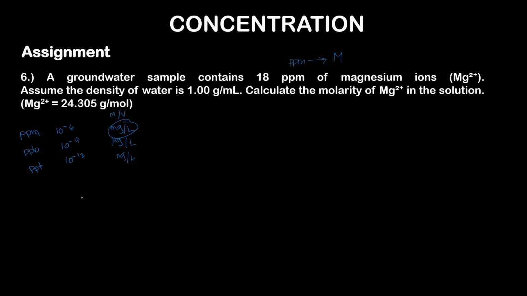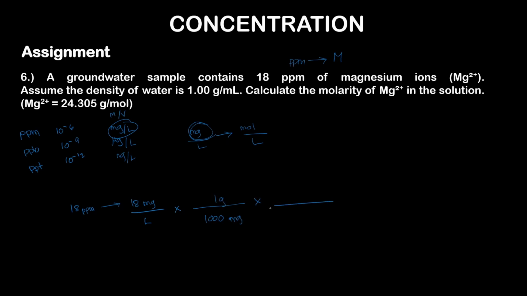So let's say the problem says 18 ppm. That's the same as saying 18 milligram per liter. We want to convert milligram per liter to mole per liter, so we only change this. 18 milligram. Let's convert this first to grams. 1000 milligram is 1 gram.